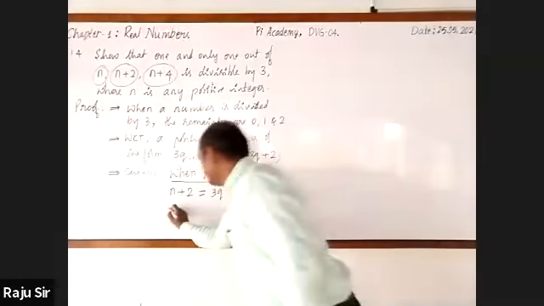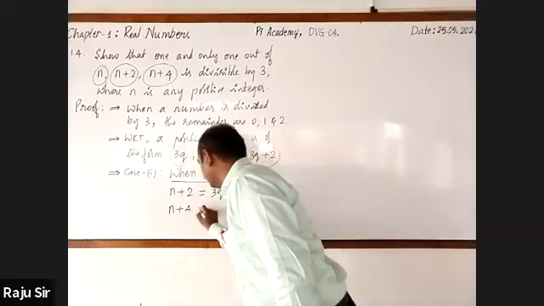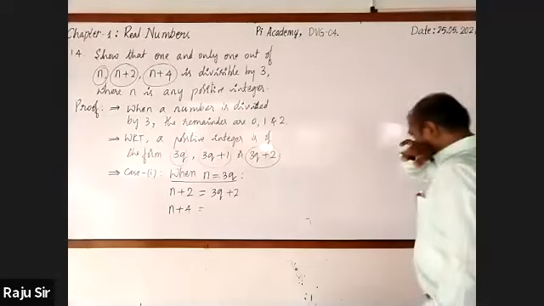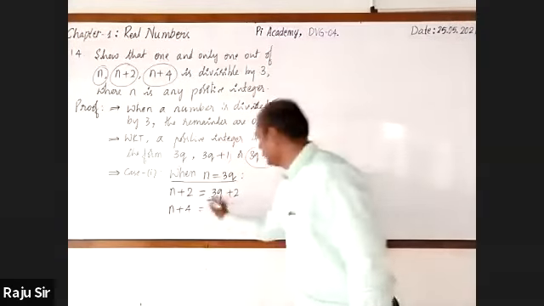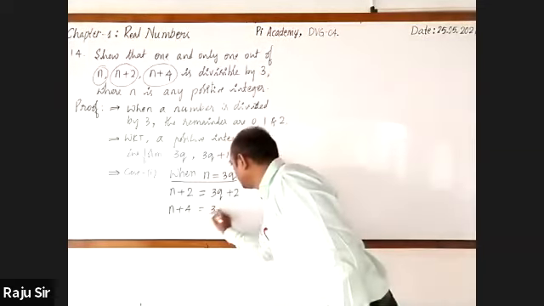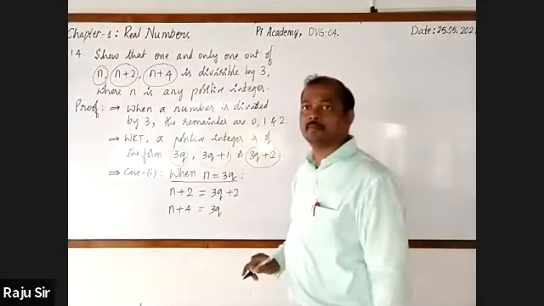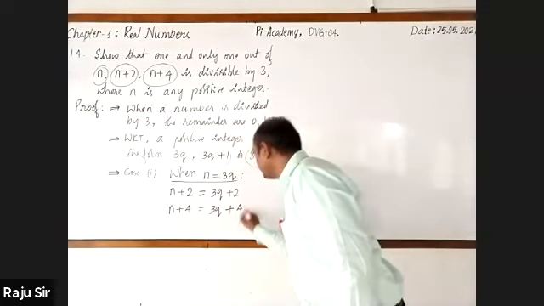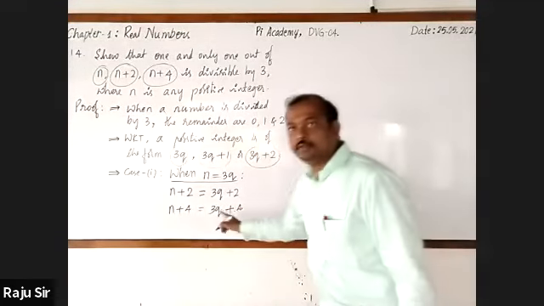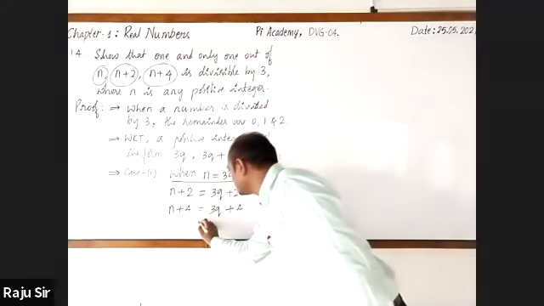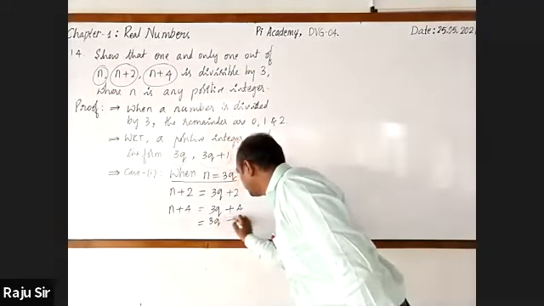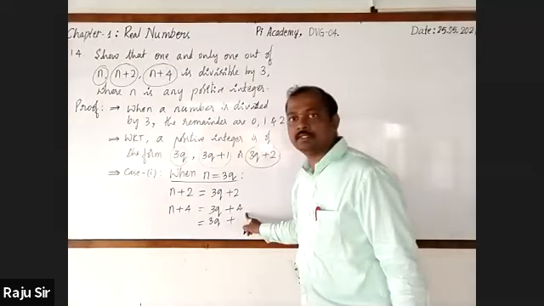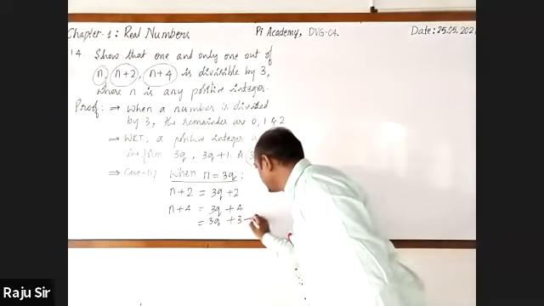Next, n plus 4, where we have taken n as 3q, is 3q plus 4.